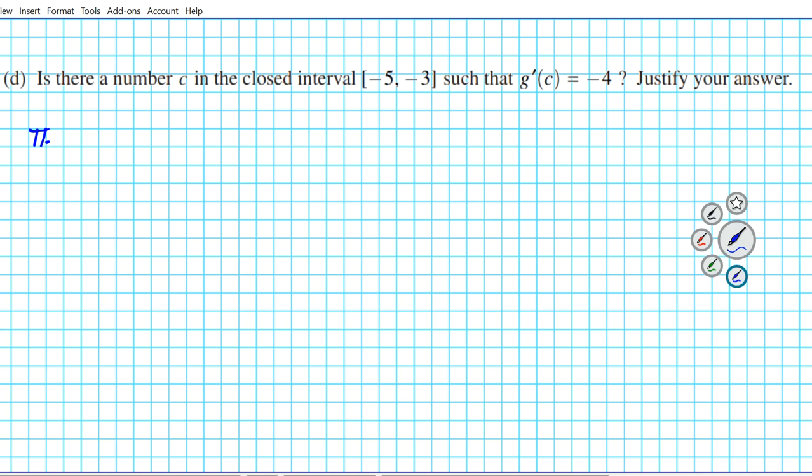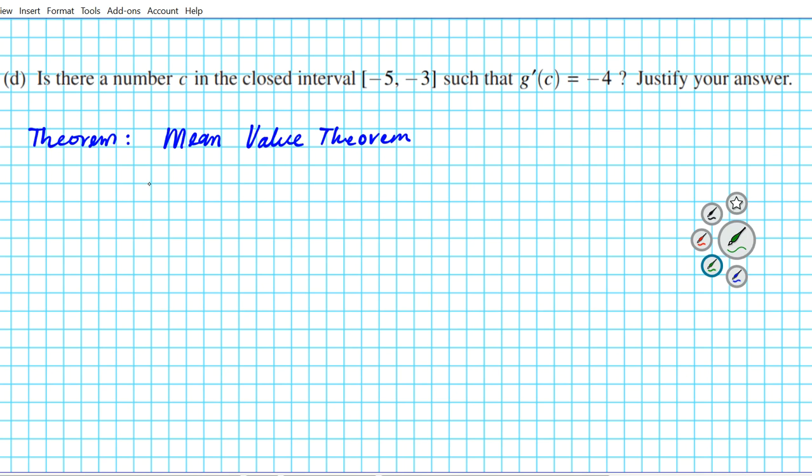So we're going to be using a theorem here, not a formula. And the theorem we're going to be using is the MVT, or the mean value theorem. All right, so we're going to break this down. We have the hypothesis and then the conclusion. Okay, so the scenario has to meet both cases in order for it to be true.